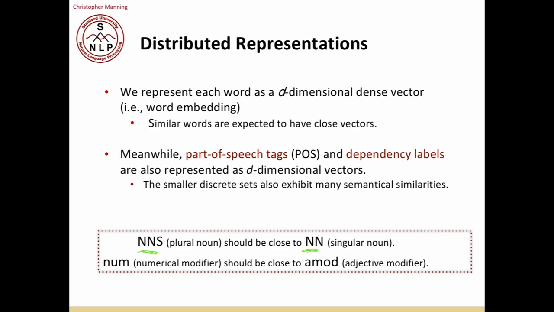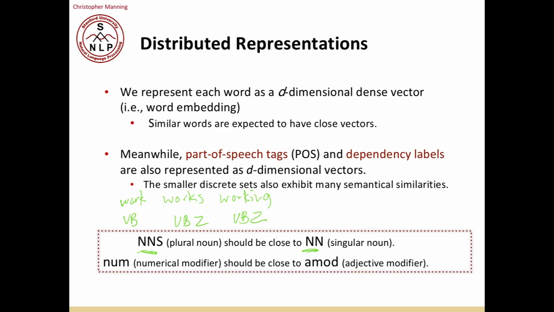You have parts of speech like singular noun versus plural noun, and you have different parts of speech for work, works, working, the different forms of verbs. So there are sets of parts of speech labels that are kind of clusters. So maybe we could have distributed representations of parts of speech that represent their similarity.